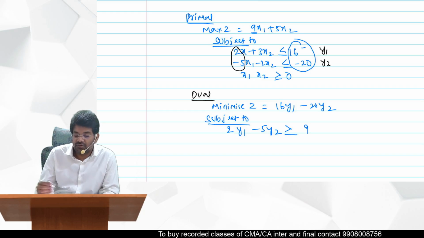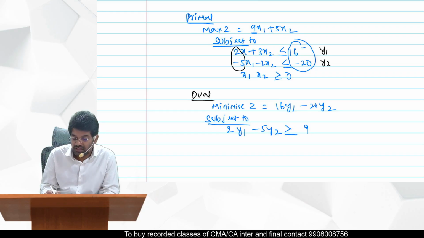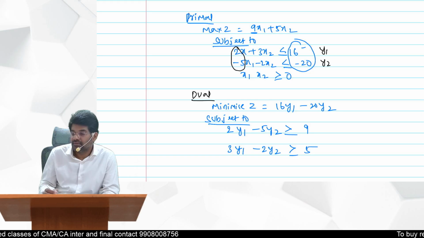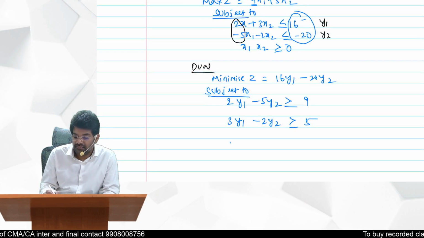Next, the second column will become the second row: 3y1 minus 2y2 greater than or equal to 5. And y1, y2 greater than or equal to 0, non-negativity assumption.